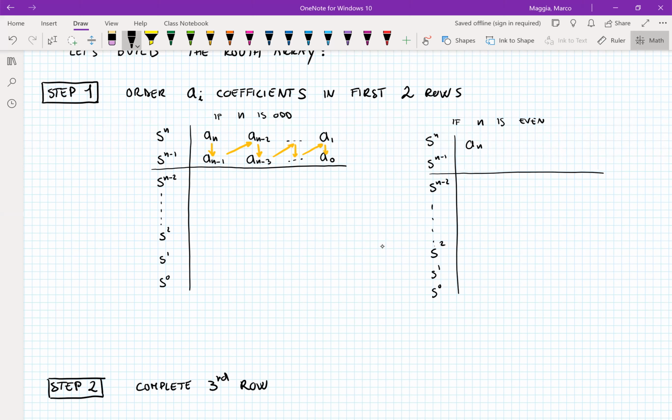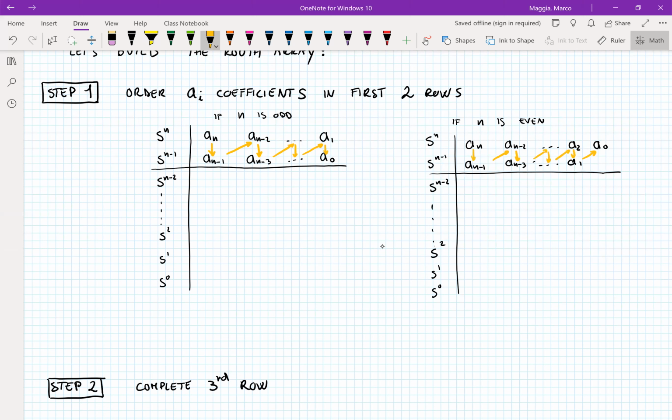So we would start with an, then an minus 1, then diagonally up an minus 2, an minus 3, but then you'll finish right here, always following the same pattern: down, diagonally up, down, diagonally up, down.